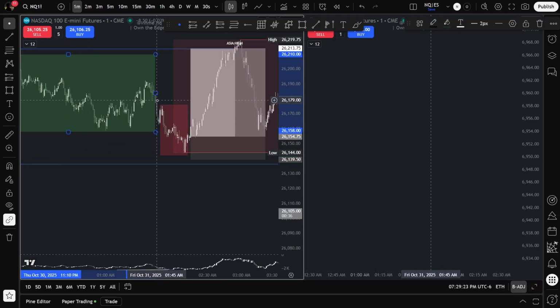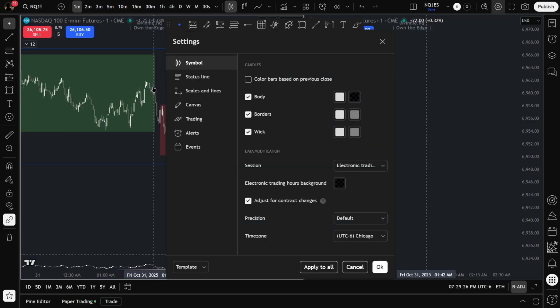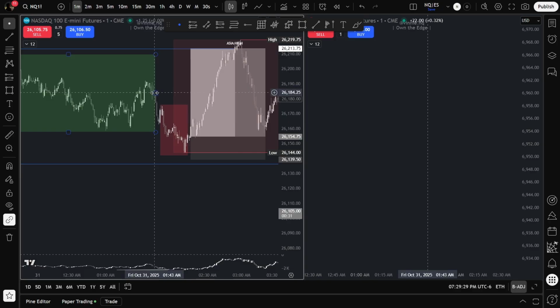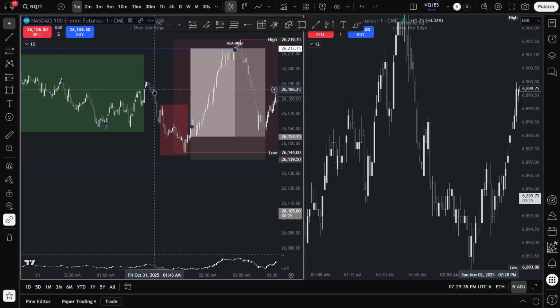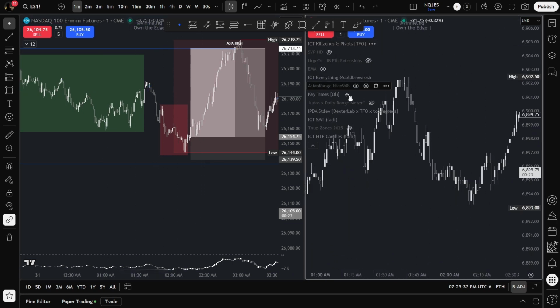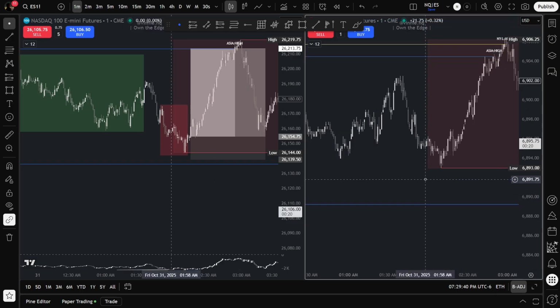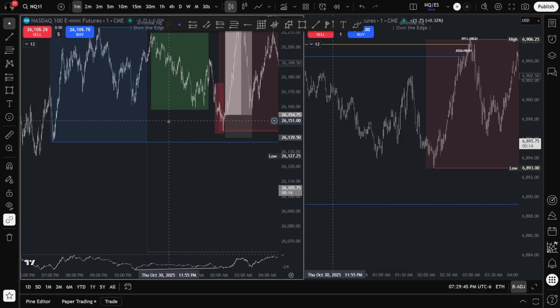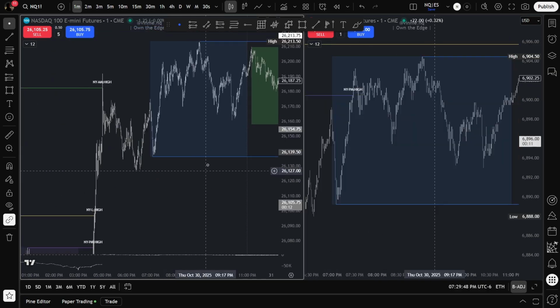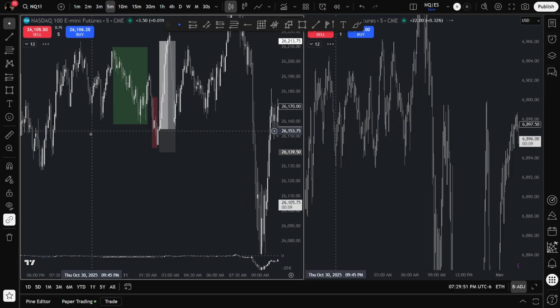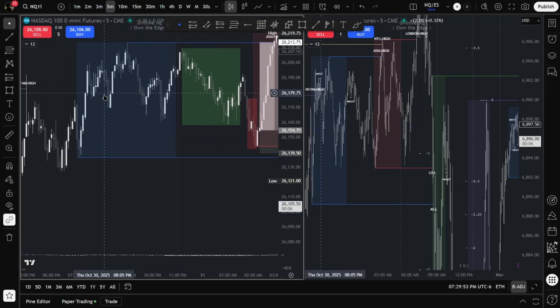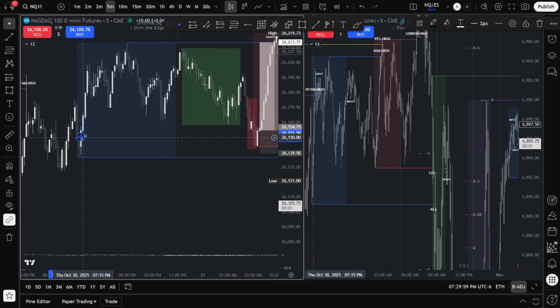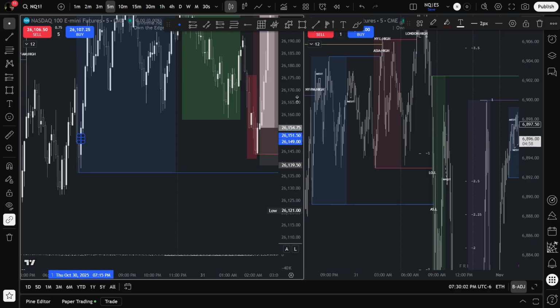Let's see, I'm gonna check something real quick. So technically, normally when you manipulate like this, you want to see yourself manipulate into something. That's one of the most important parts. So what we manipulated into is probably this 5-minute inverse fair value gap right here.